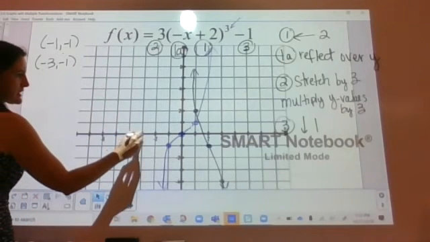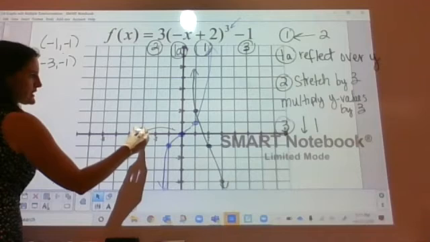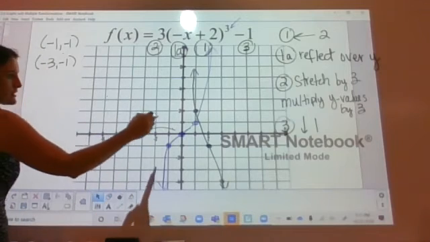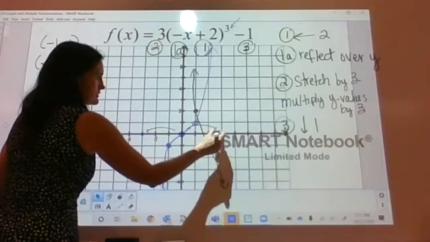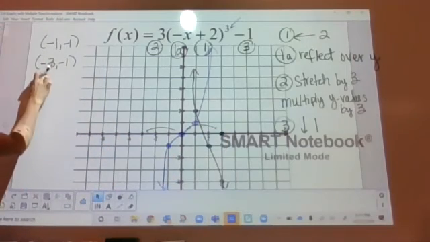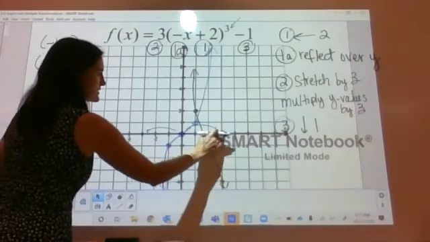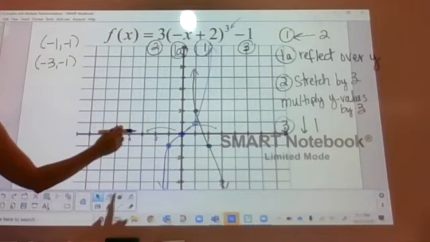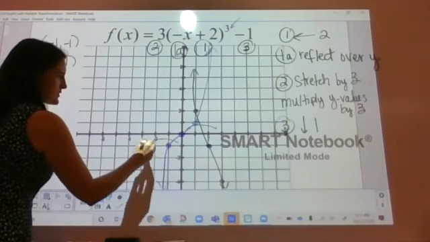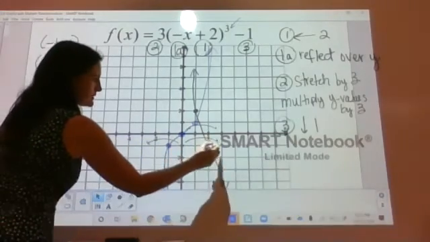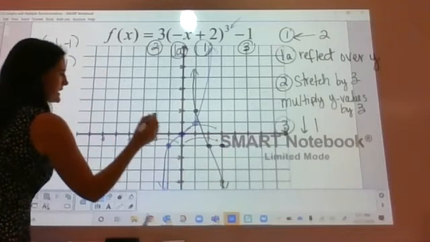Reflecting over y means if you're 3 in this direction, reflecting over y means you need to go 3 in this direction. Okay, it means you're taking the opposite of your x value. Sorry, I was here. So 3 this way means 3 this way. So you're at 3, -1.